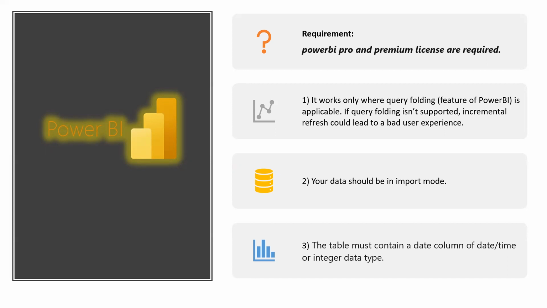The third important prerequisite is that the table must contain a date column, because here we are applying the mechanism on the basis of the date column. So your data should have the date parameters to implement incremental refresh.